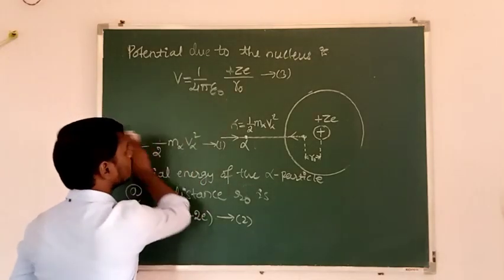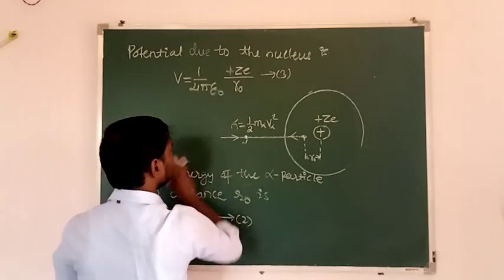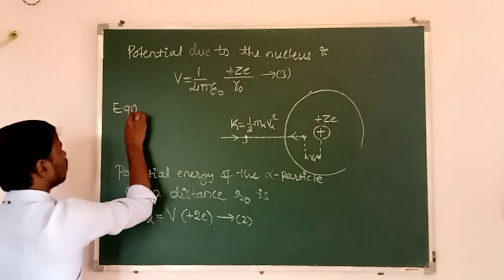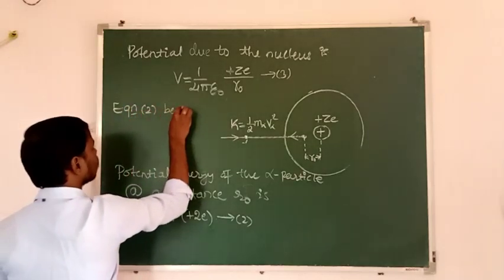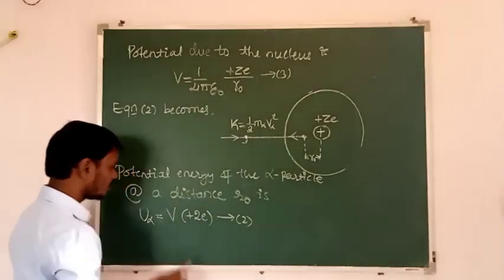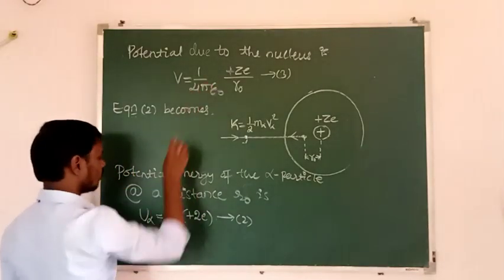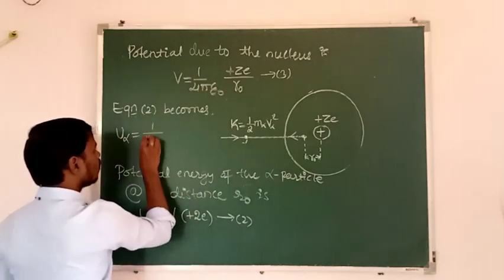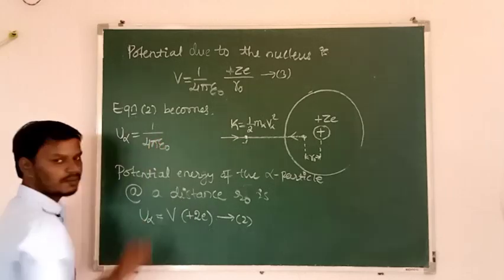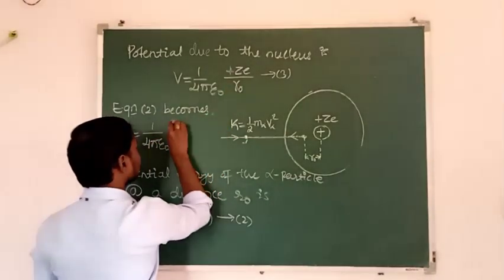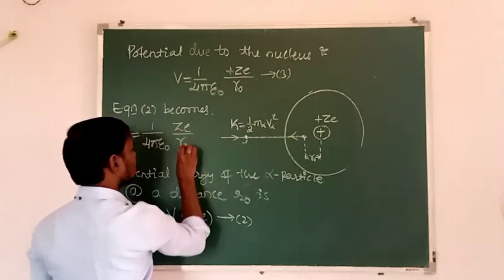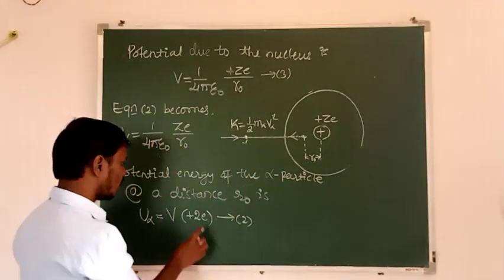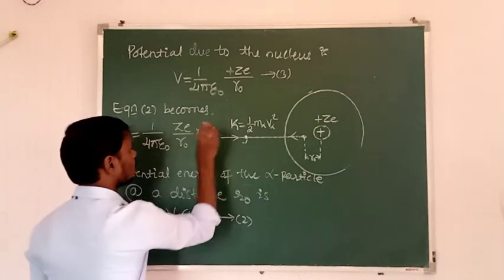Equation 2 becomes, wherever V is there, replace that by equation 3, that is U alpha is equal to 1 by 4 pi epsilon naught Ze divided by r naught. Then what is Z here? Z is nothing but the number of protons present in the nucleus, and into 2e. Okay.